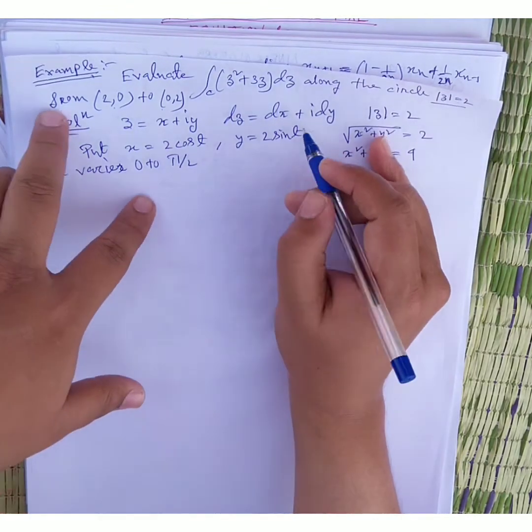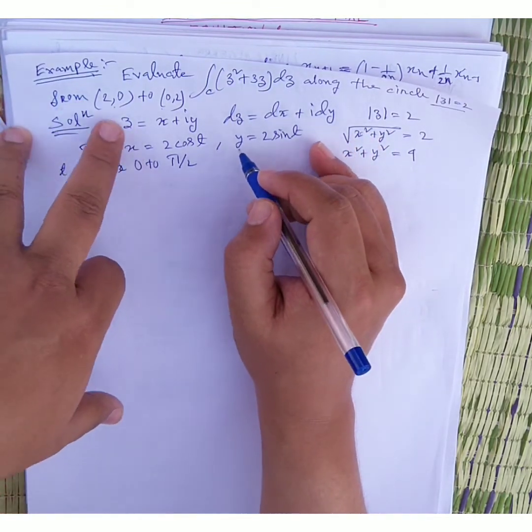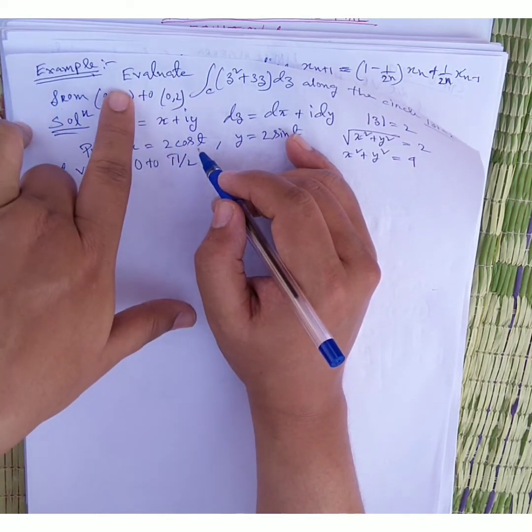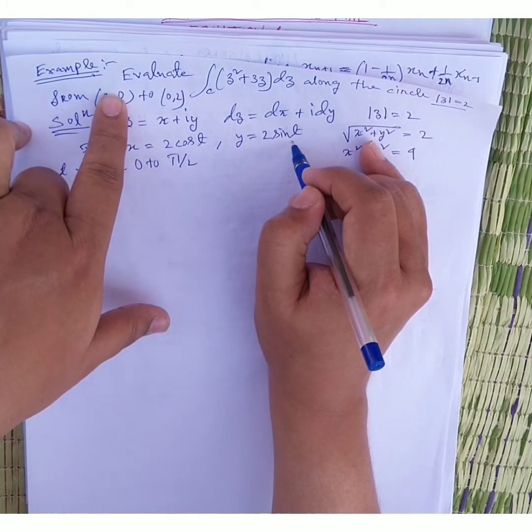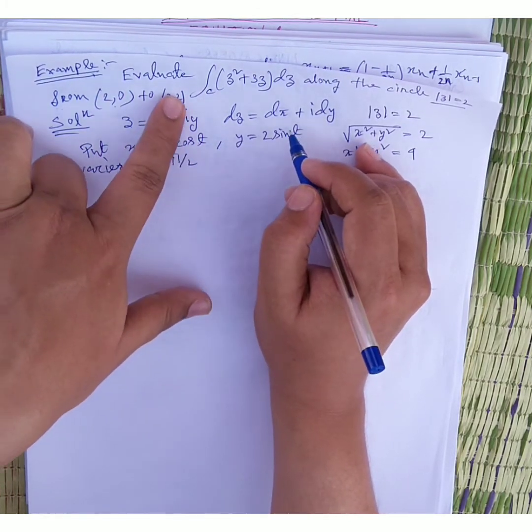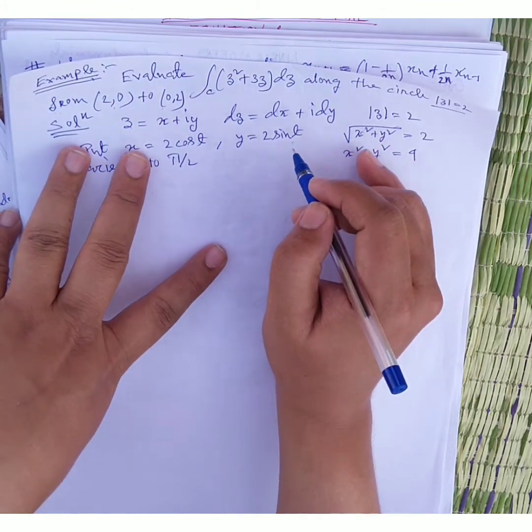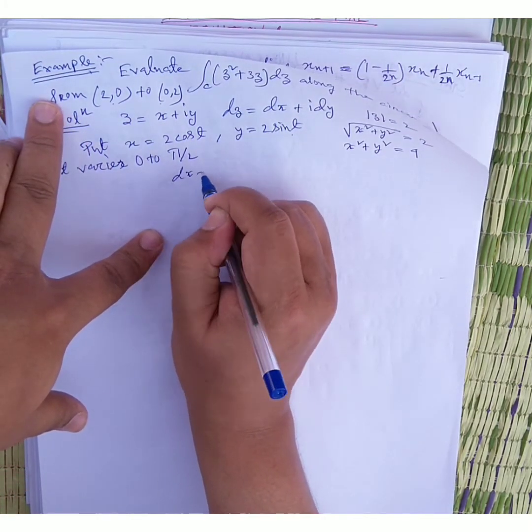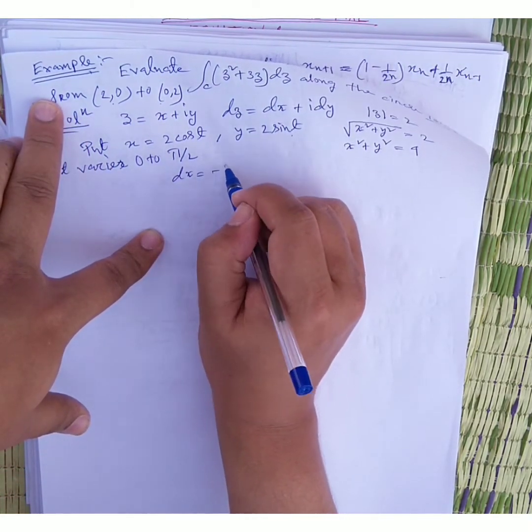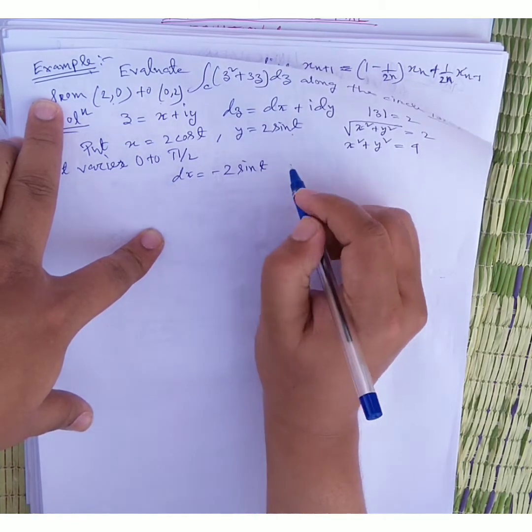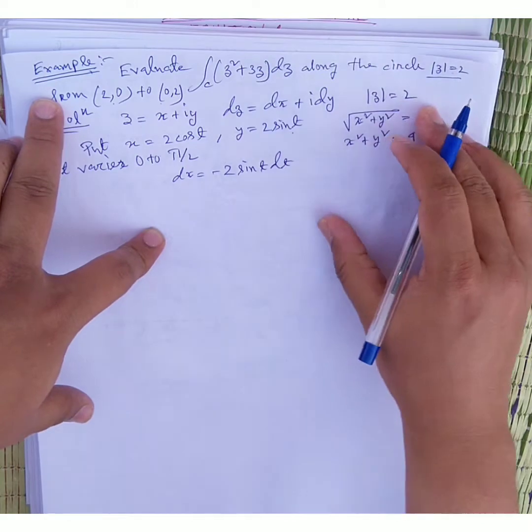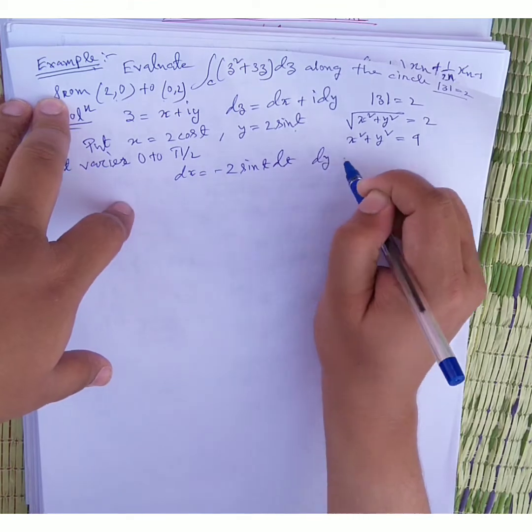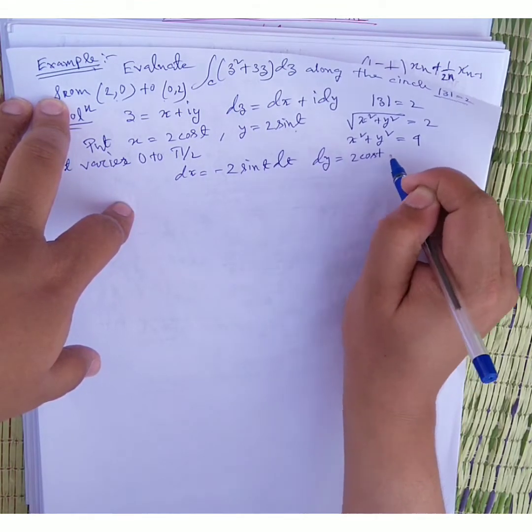If we put t equal to 0, then x is 2 and y is 0, and when t is pi by 2, then x is 0 and y is 2. So this is the total variable. Then dx is equal to minus 2 sin t dt, and dy is equal to 2 cos t dt.